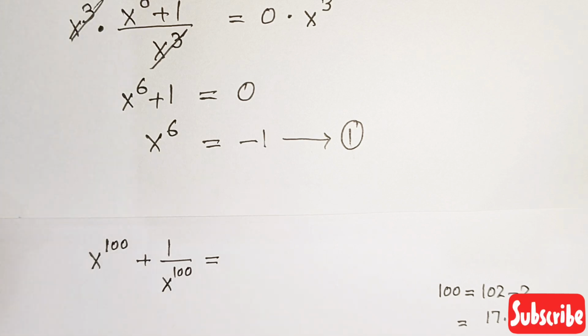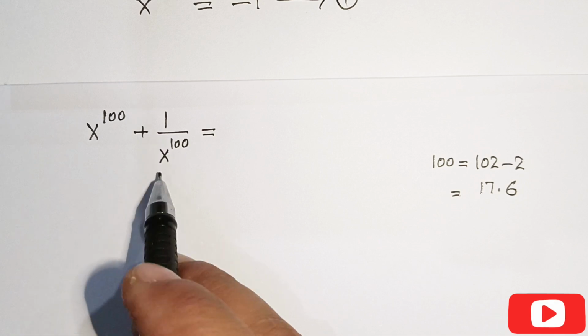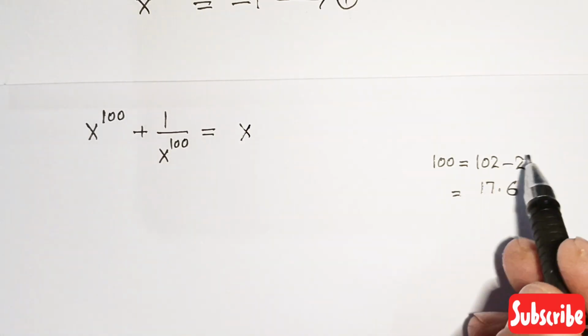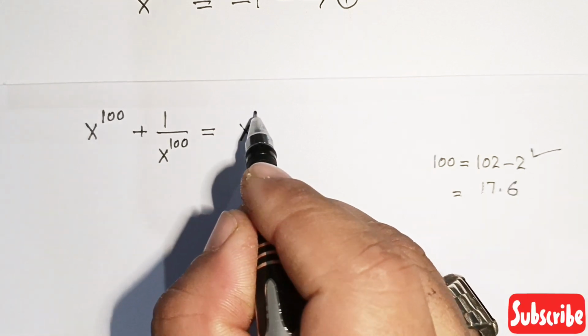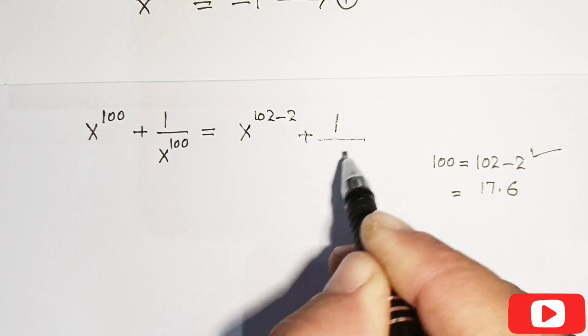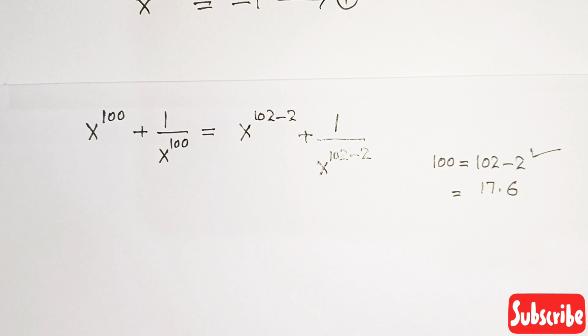So now we write x to the power 100 plus 1 over x to the power 100 as x to the power 102 minus 2, plus 1 over x to the power 102 minus 2.